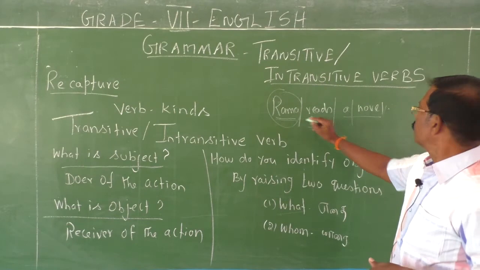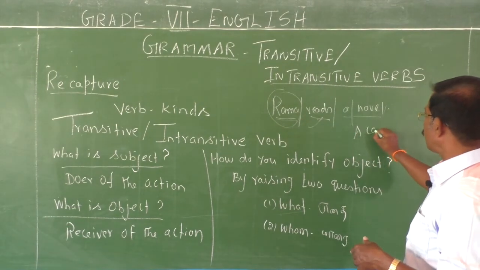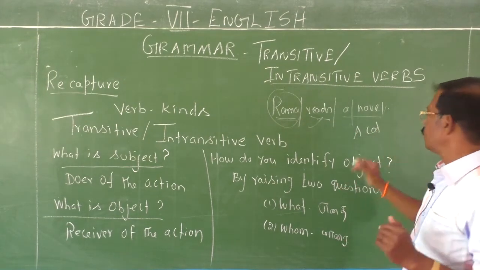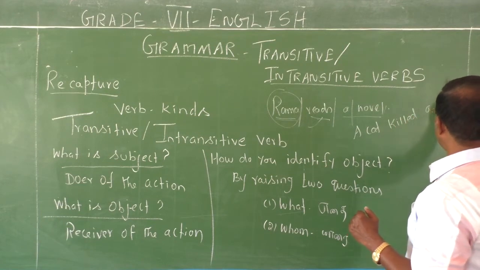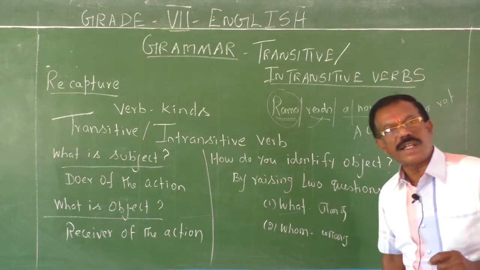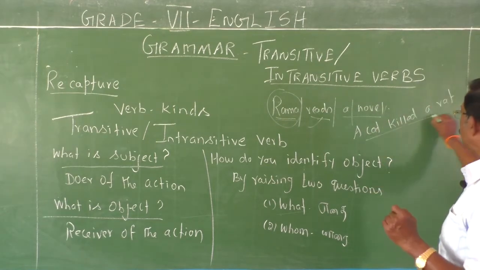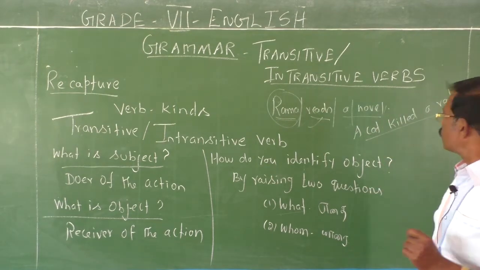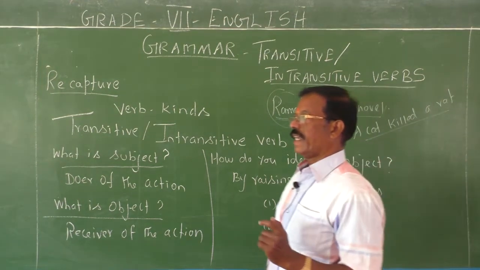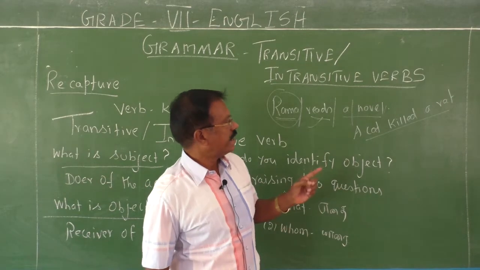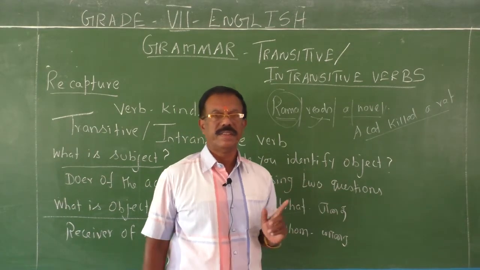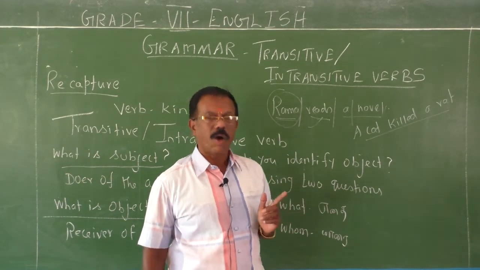For example, a cat killed a rat. Could you follow me children? Yes. Now look at the sentence. A cat killed a rat. In the sentence, a cat is a subject because it is a doer. Killed is a verb. It's a finite verb. And a rat is an object.